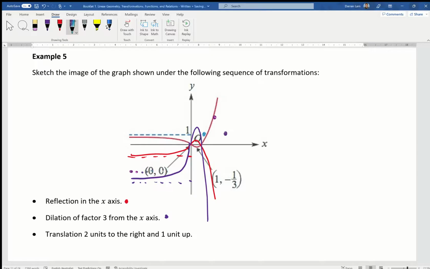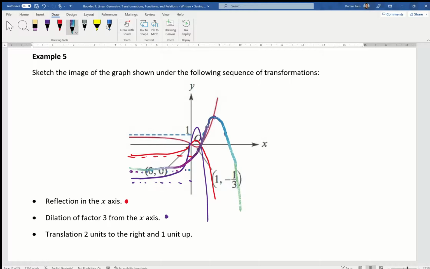So I'm going to do another dotted line between here. Yes, it gets very messy. And then I'm just going to essentially connect the dots. It'll look something like that. Very messy, but the idea is that you know how to apply those transformations. Any questions?